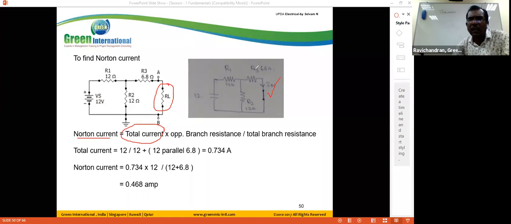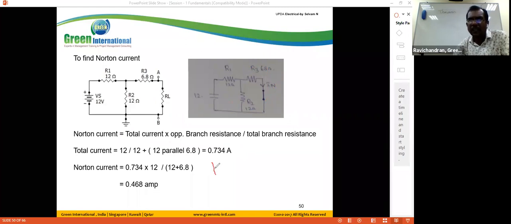Here R2 and R3 are connected in parallel, so 12 and 6.8 are connected in parallel. This combination is in series with the 12 ohm resistor. So 12 plus 12 parallel 6.8. Using the calculator, just find the value. So the total current is 0.734 amps.